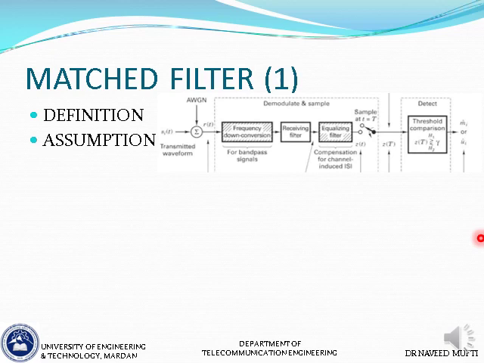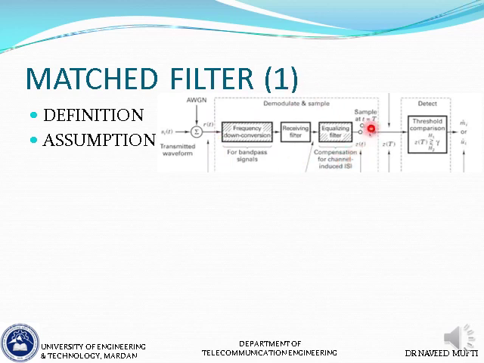So we want to make an assumption here. We consider that a known signal S of t plus AWGN N of t acts as an input to an LTI filter, a receiver filter, followed by a sampler as shown in the figure.